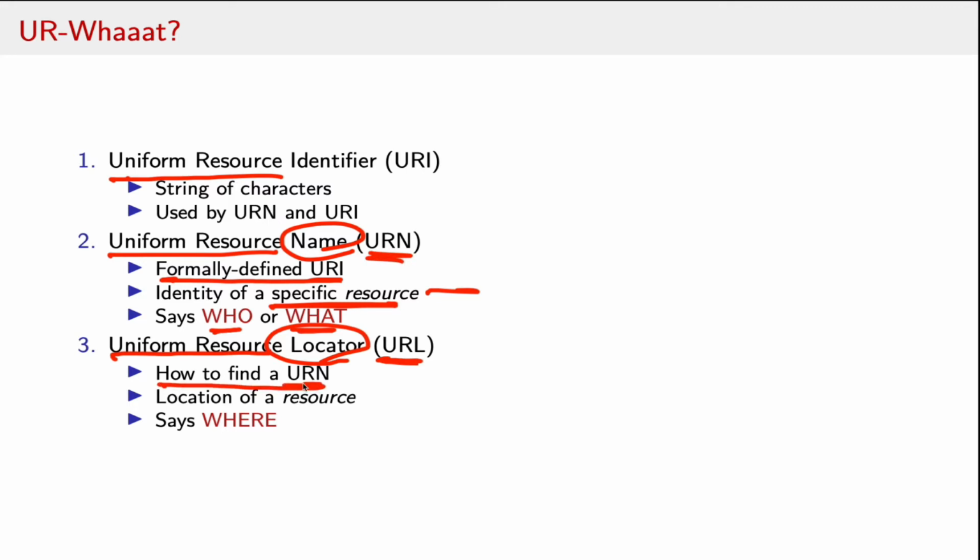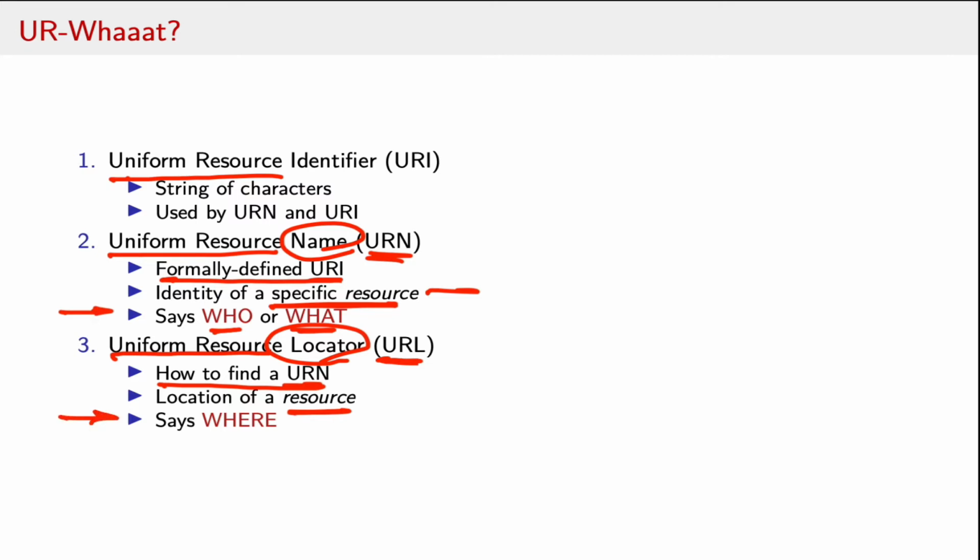Where do we go look to see if this URN exists, or to retrieve the current value of this resource, or to create a new resource with a particular name at some location? So it's the location to find a resource, and whereas the uniform resource name talks about who or what, the uniform resource locator talks about where do we find it.